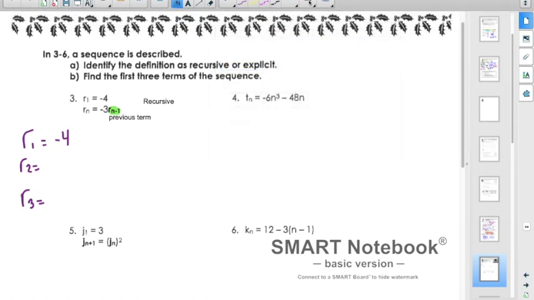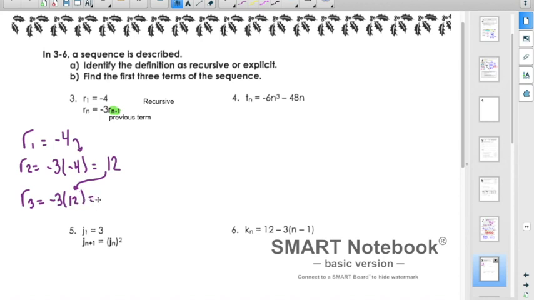So we're going to have, for R sub 2, I'm taking the rule, I'm doing -3 times the previous term, which the previous term was -4. And that comes out to +12. R sub 3, -3 times the previous term, which was 12.